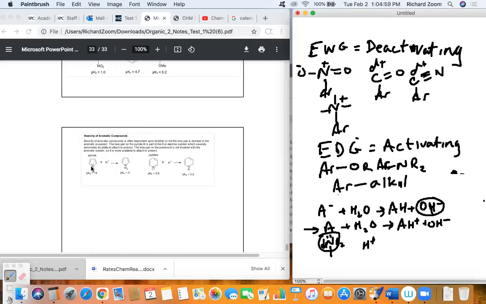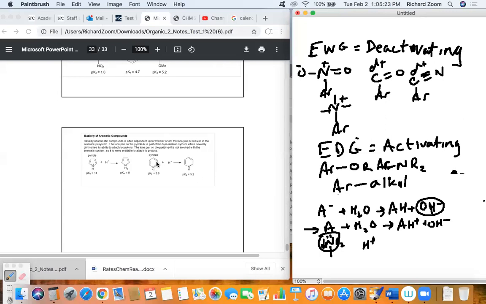But when the N is part of the ring and the aromatic ring is actually including the lone pair of the nitrogen to give it 6 electrons, then that makes it very unavailable for interaction with anything. So you'll find that the pKb is very high, very much higher than you might expect it to be for a regular nitrogen.